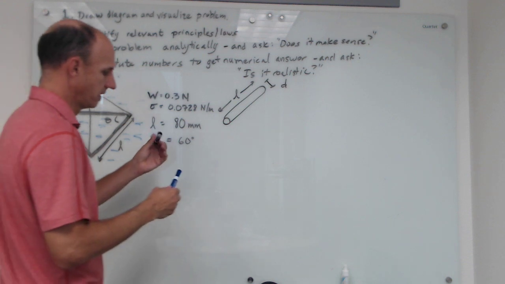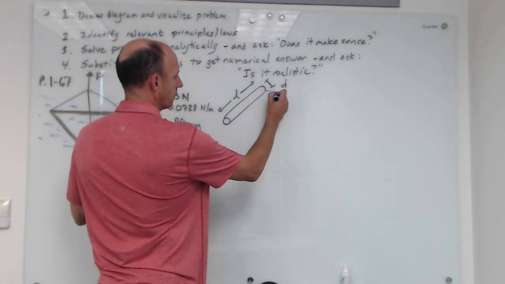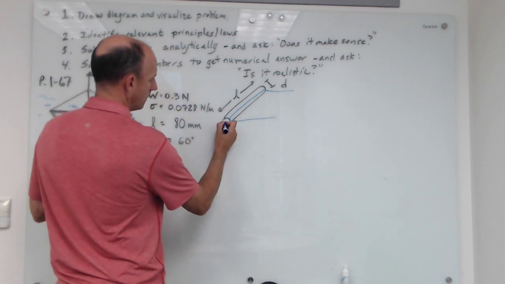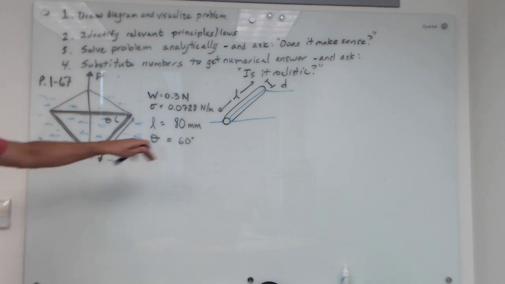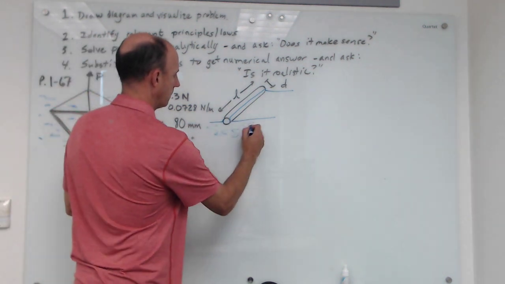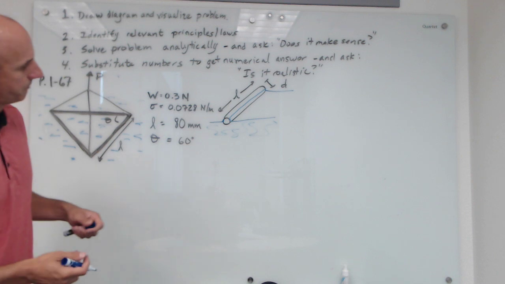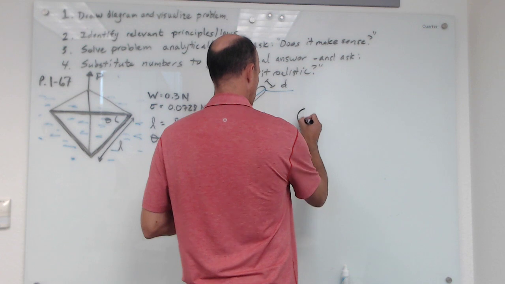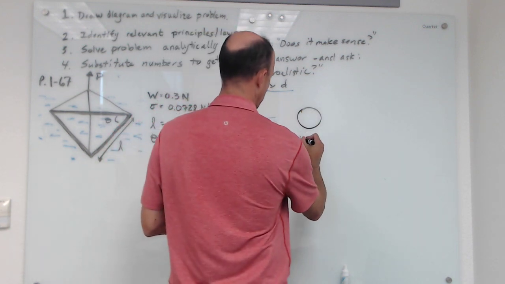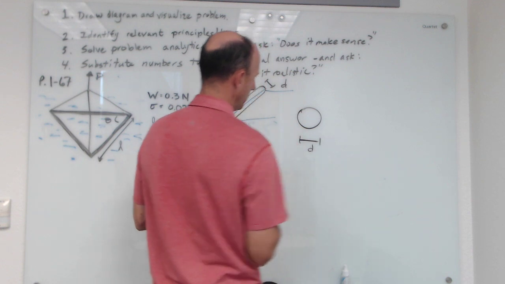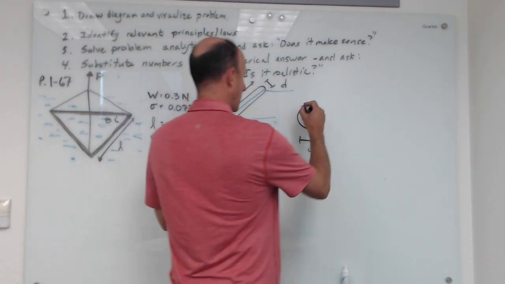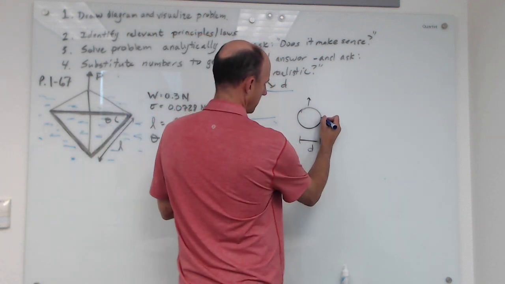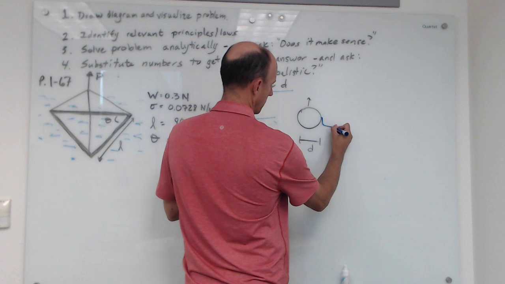When that sits in the liquid and is pulled up, we're going to have an interface between the liquid, which is down here, and the air, which is above it. If we draw one more sketch, you can see this even better. Here's the cross section of the rod, which has some diameter D. As the rod goes upwards, the surface tension is going to be attached here, and it's going to pull straight downwards.